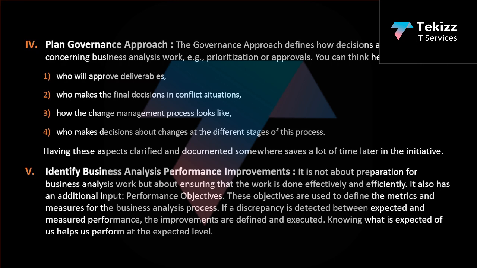If a discrepancy is detected between the expected and the measured performance, improvements are defined and executed. Knowing what is expected of us helps us perform at the expected level, or sometimes we can go beyond the expectation if we know all the key areas.